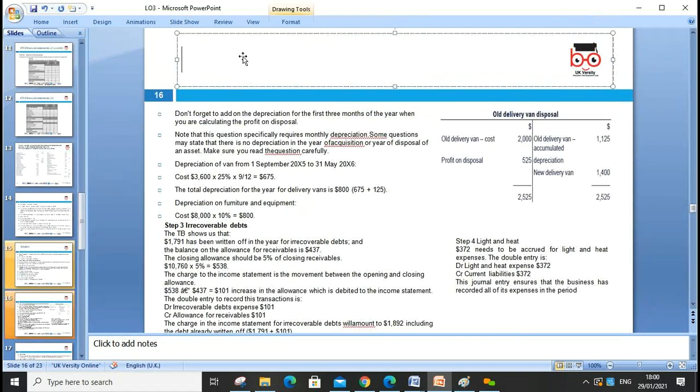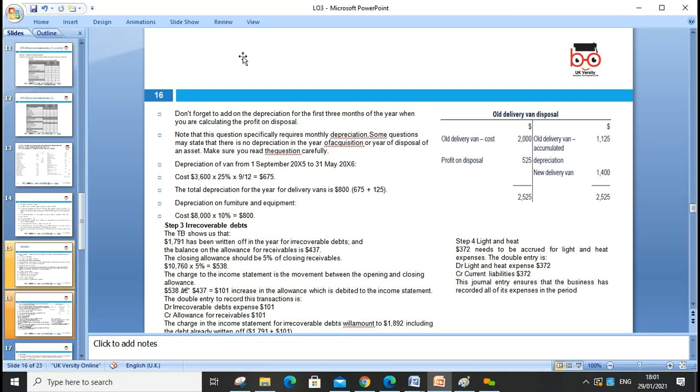Then what we did: we disposed of the old van, the adjustment entry we made. So you will see here, we purchased an old van, the old van was £2,200. The old van was depreciated £1,100, so 2,000 minus 1,100. So the van's real value, the book value, was 875.